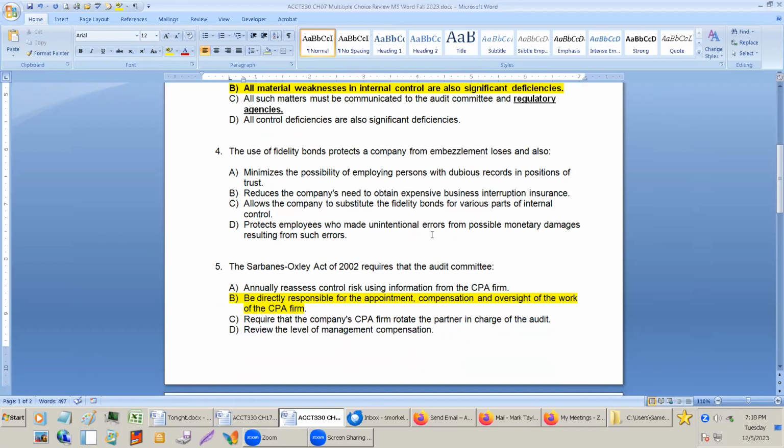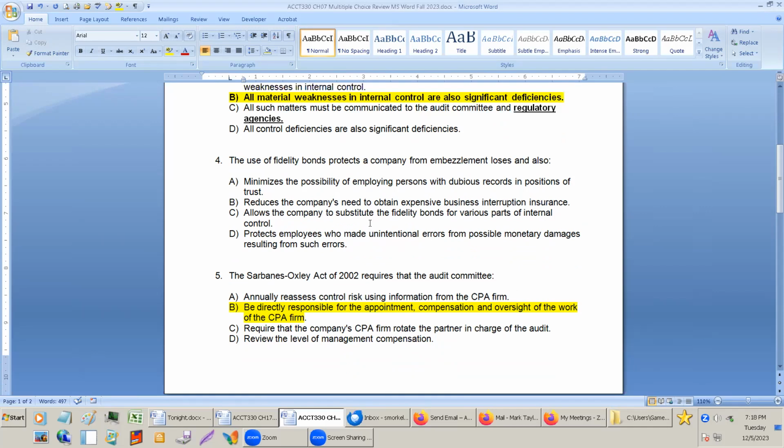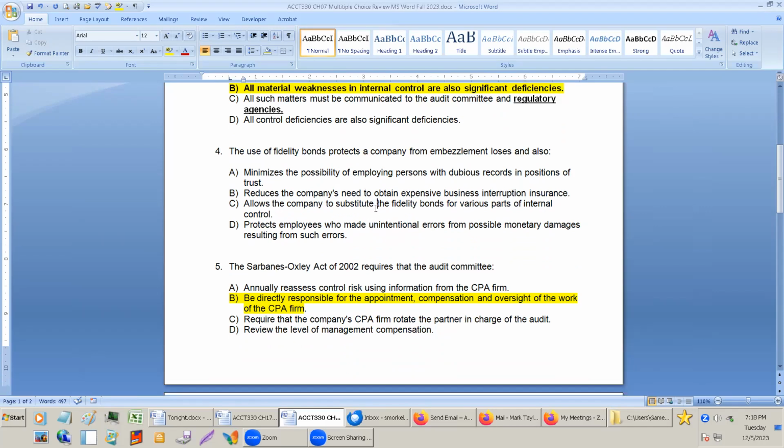Okay, fidelity bonds. Can I talk about these? The only thing I asked is that it's all over the place. Okay, minimize, possibly. Yeah. The big thing about fidelity bonds, you guys got it right, is it's just insurance. It's insurance that if someone steals cash, this company will pay whatever they stole.